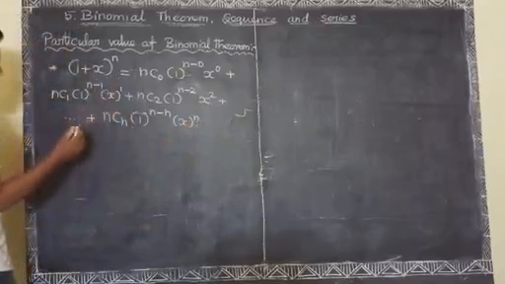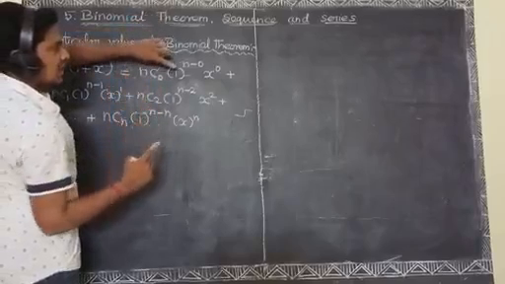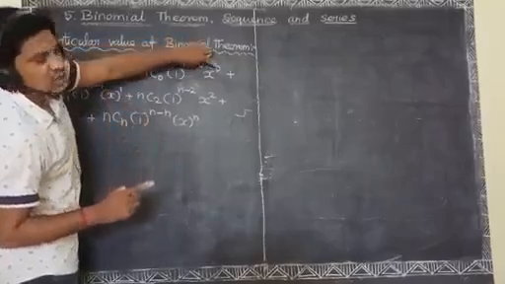Simplifying, we get nc naught is 1, 1 power anything is 1, x power 0 is 1.